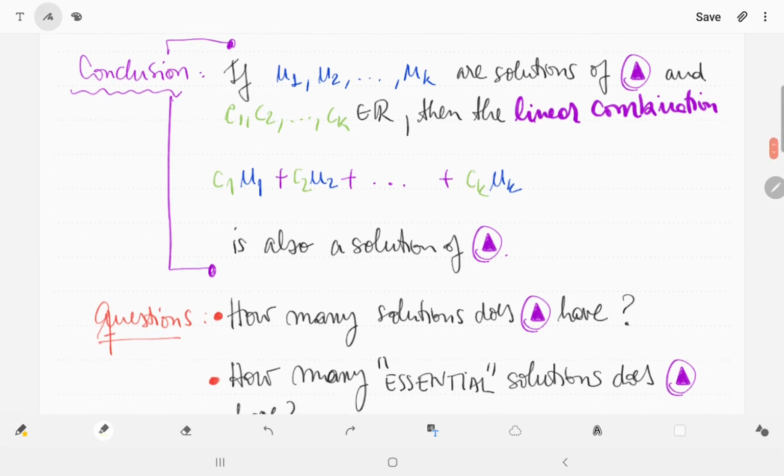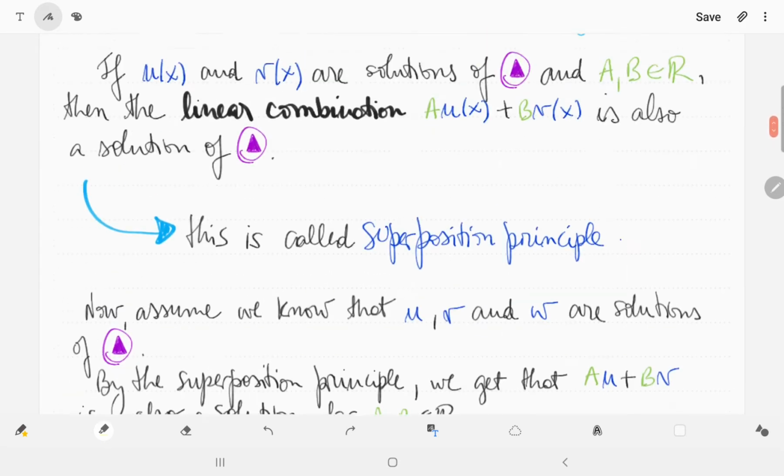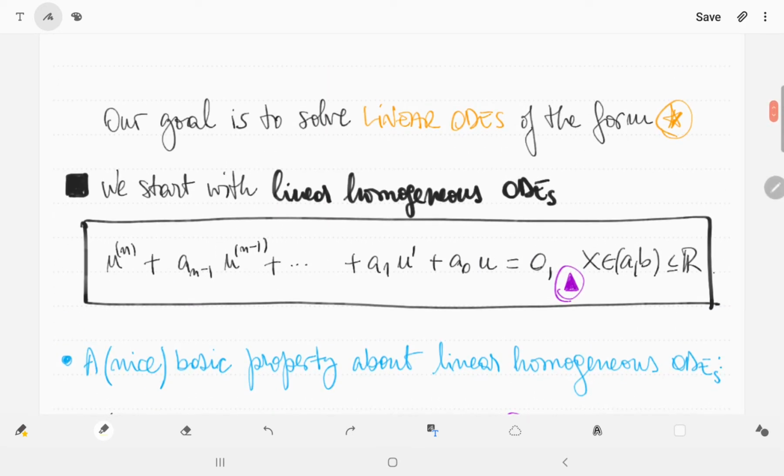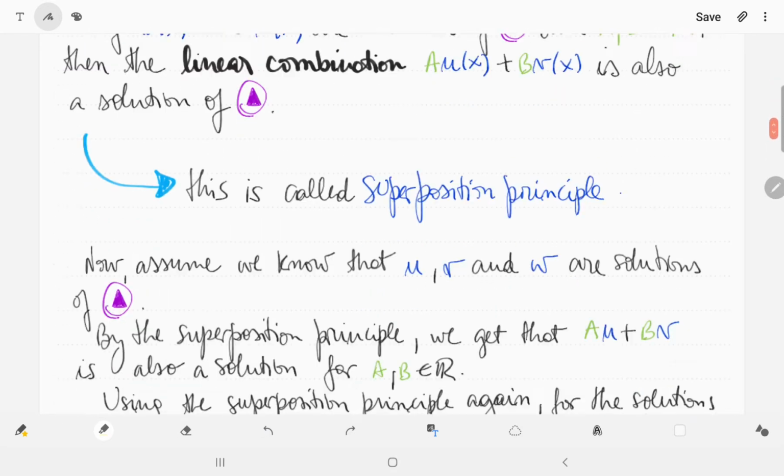Okay, so looking at this equation, so far we only know that if I have some solutions, u1, u2, etc., then any linear combination is a solution.